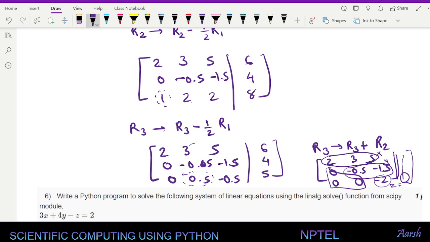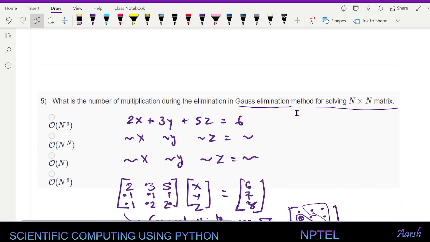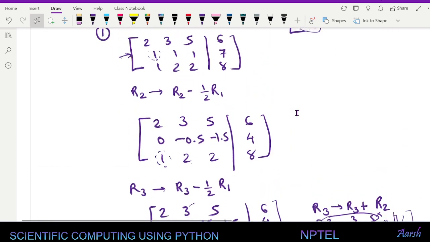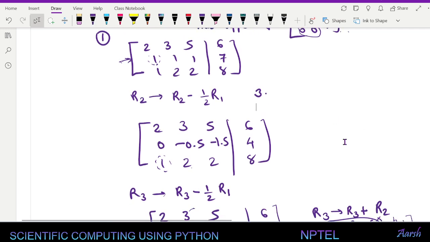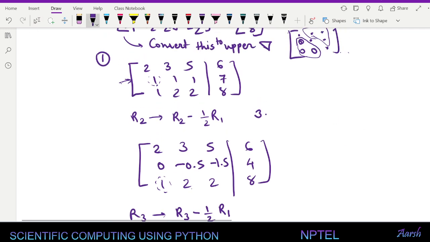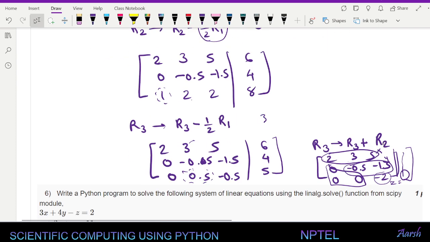Okay, now the question is how many multiplications are you doing? So in this case, we did 3 multiplications here, because we multiplied by half here, then 3 here, and 3 here.